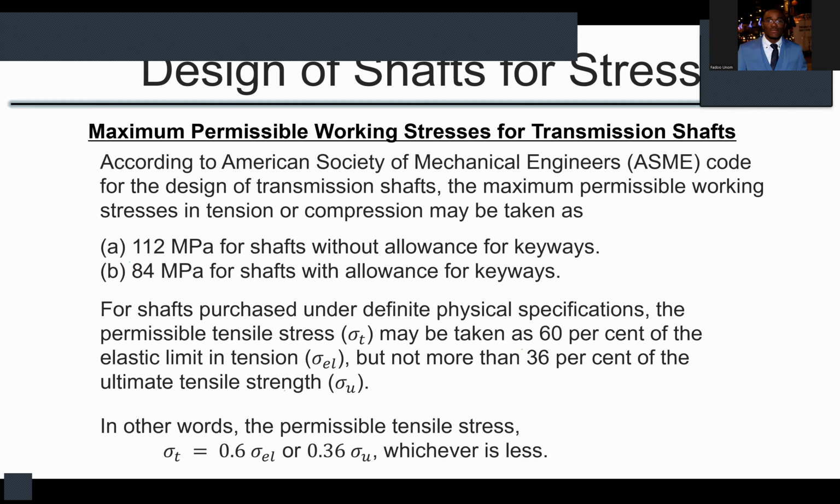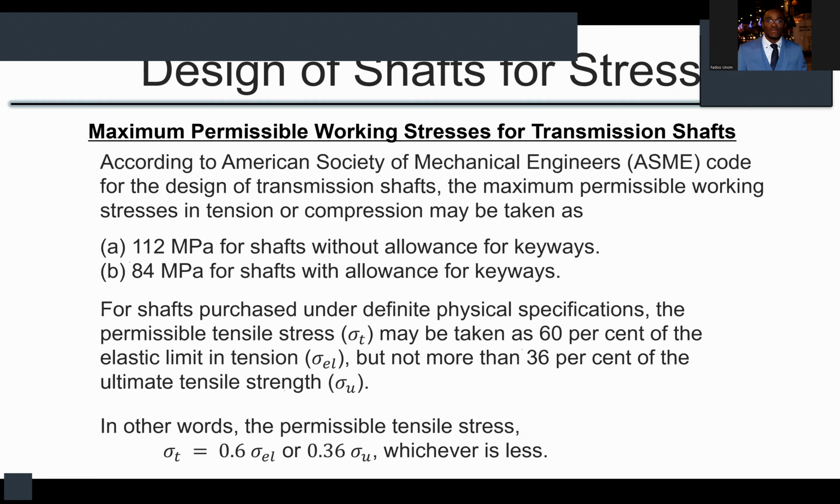60%, that means that, so I expect that you know what the elastic limit is. For this material, if we apply stresses to it, the stress that will cause it to leave the elastic region and enter the plastic region, that's the elastic limit, right? The elastic limit in tension, if we hold both ends of the shaft and we are pulling it apart, the amount of force per unit area that will cause our material to leave the elastic region and become plastic in nature.